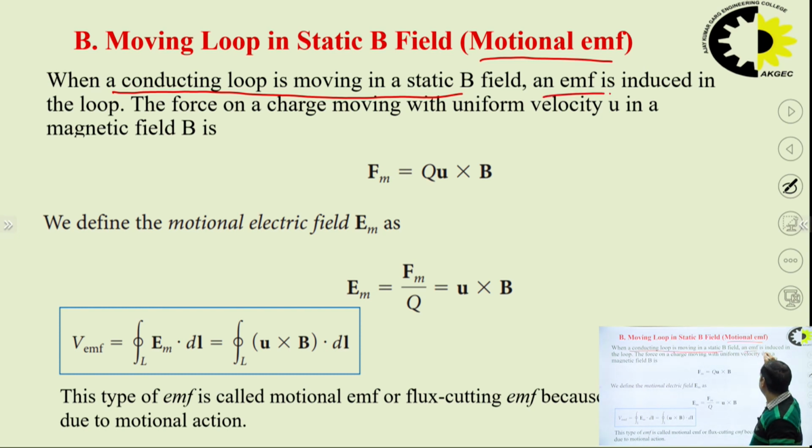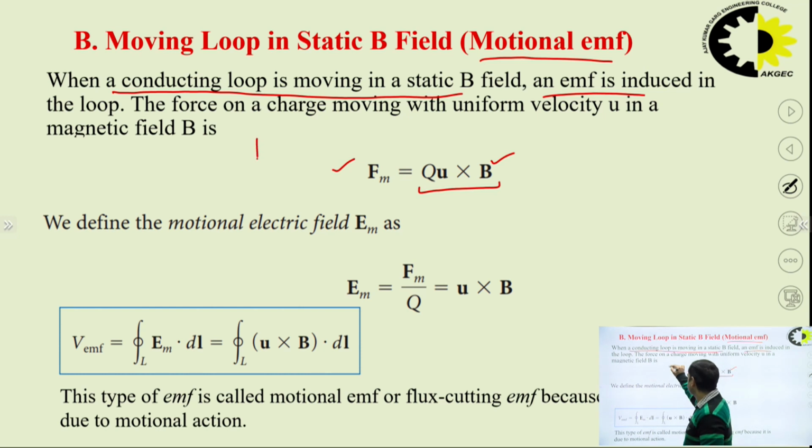An EMF is induced in the loop, and the force on a charge moving with uniform velocity u in the magnetic field is given by Fm equal to Q into u cross B. So when the loop is moving with the velocity of u in the static B field, this force is called the magnetic force.